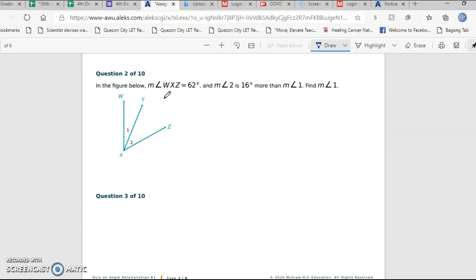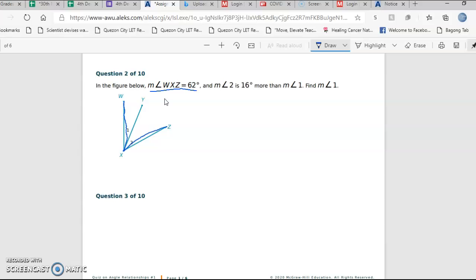So WXZ, this is that angle, okay? WXZ, the total is 62 degrees. And then we have angle 2. It says here, the measurement of angle 2 is 16 degrees more than the measurement of angle 1.